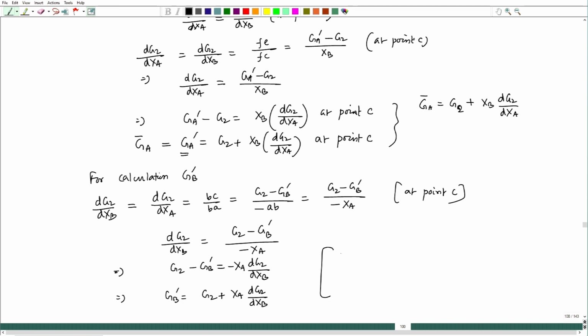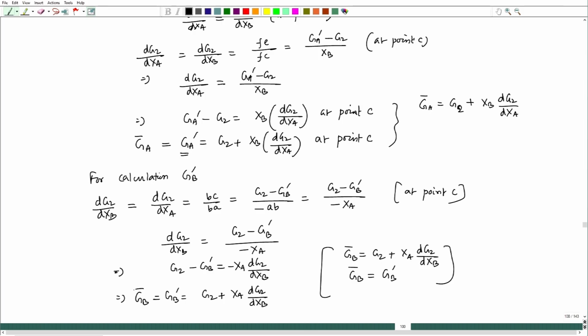We have already seen before that GB bar is nothing but the solution free energy plus XA dG2/dXB. So, hence GB bar is nothing but GB prime. So, this is GB bar.